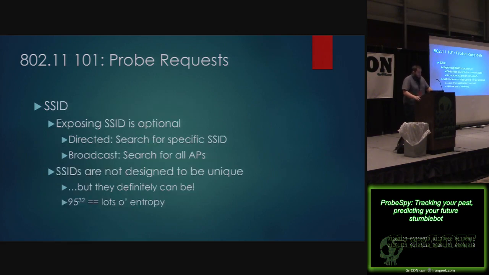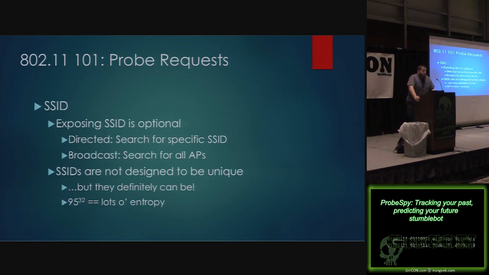The SSID is an optional field that's included in a probe request. A directed probe request indicates a specific SSID that the device is attempting to connect to. A broadcast probe request essentially leaves that field null and attempts to induce any access points around it to return a beacon packet saying, here's my SSID, here's all my junk, you can decide if you want to connect to me.